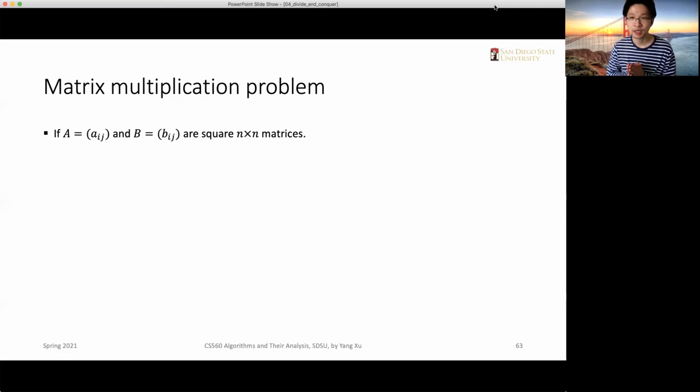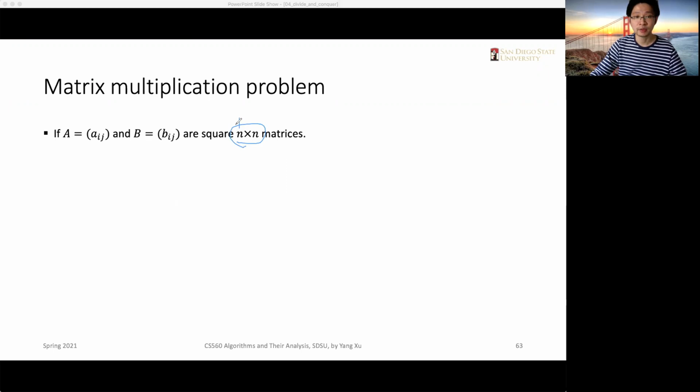And assume that we have two matrices, and we made some simplification. They are not matrices of random sizes, of random shapes. They are all square matrices, which means the number of rows equals the number of columns. So in that way, we can call them n by n matrices.